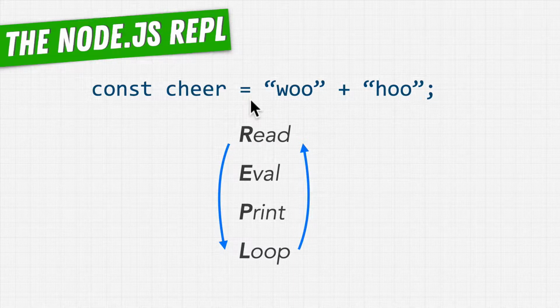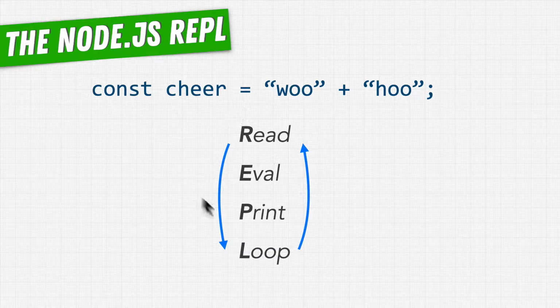We have an equals sign where the result of this, whatever that is, and it hasn't been evaluated yet, but the parser will now know that this equal sign means that the left side here is being assigned whatever is on the right side. This parsed code will then be run and evaluated by V8, which will give us the result of this line. So it will add these two strings and assign them to the cheer constant.